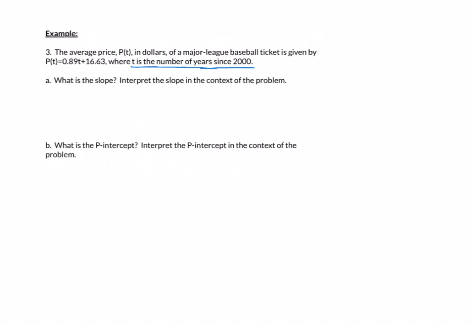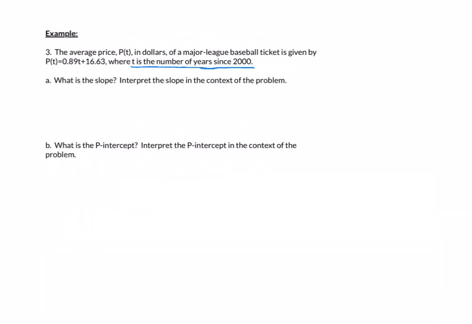When we talk about things in terms of years, quite often you will see this phrase. Was baseball around when Jesus Christ was born? No. So do we want to start from year 0? No. So we're going to pick a year that makes more sense. And so in this case, we're going with the year 2000.